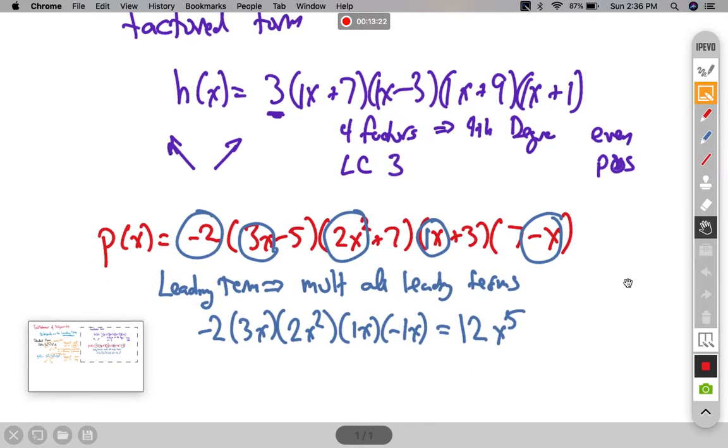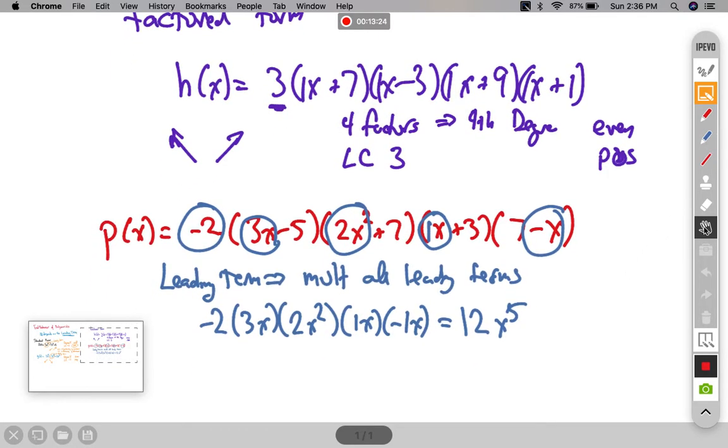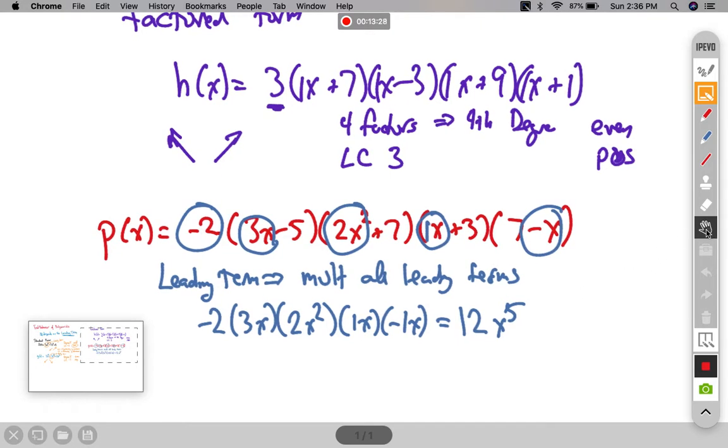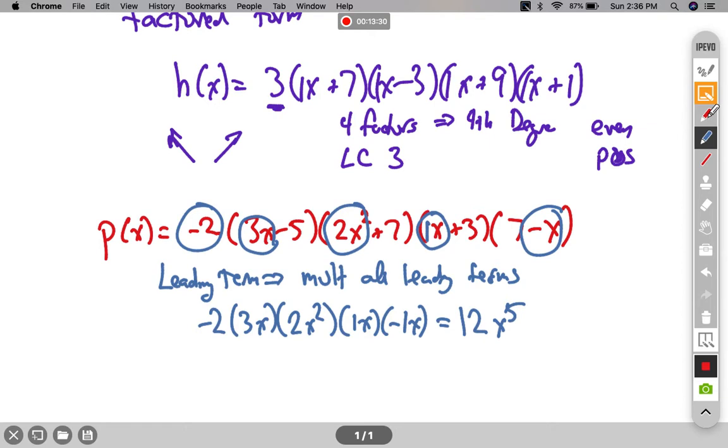So now once we have that leading term, we can come back and say, oh, I gotta go back here. This is going to be odd, degree 5, and it's going to be positive.